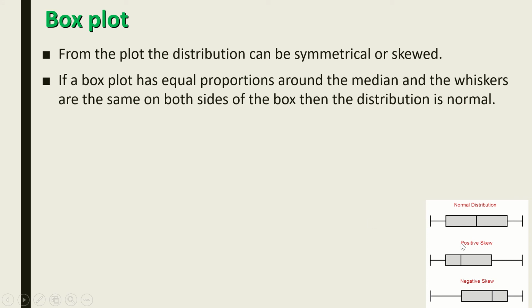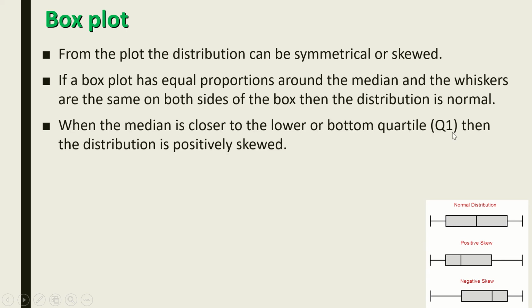If the box plot has equal proportions around the median and the two whiskers are the same length on both sides, then the distribution is normal. However, when the median is shifted toward the lower quartile, Q1, and the whiskers are not equal, then the distribution is positively skewed.